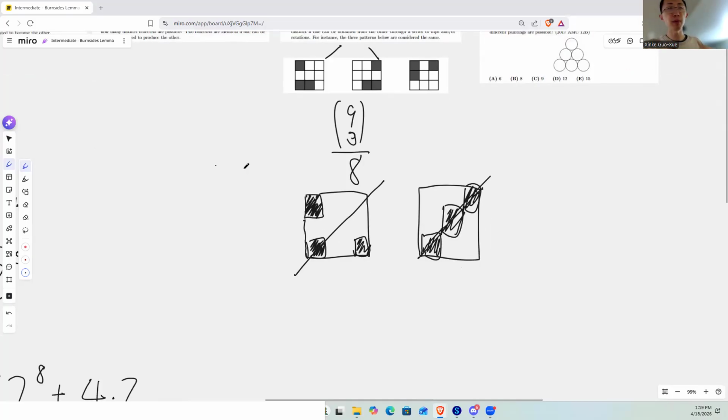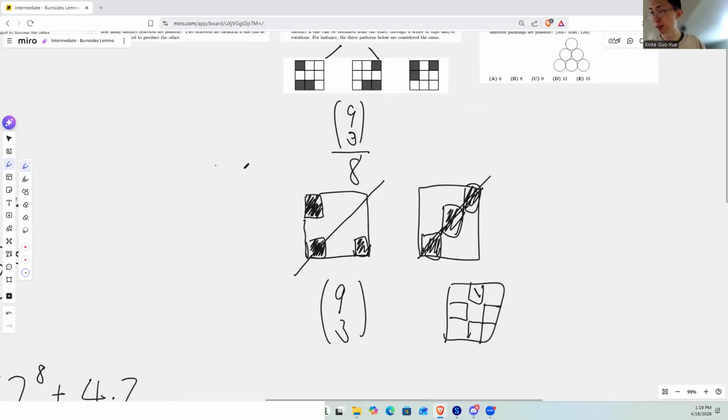So, how many are fixed by the identity? Well, that's just 9 choose 3. Now let's think. How many are fixed by a 90-degree rotation? Well, the top gets sent to the right, right gets sent to bottom, bottom edge gets sent to left.